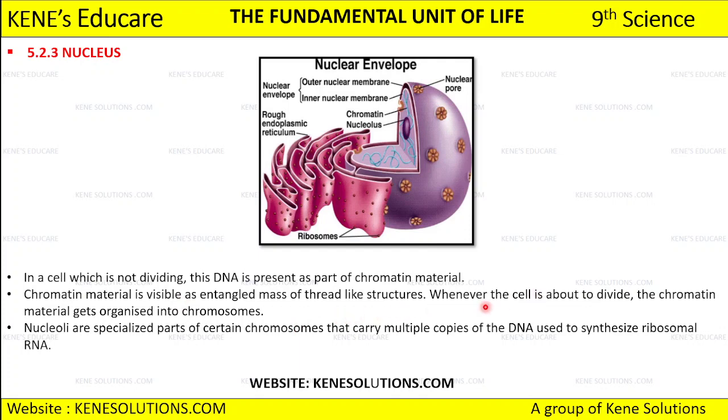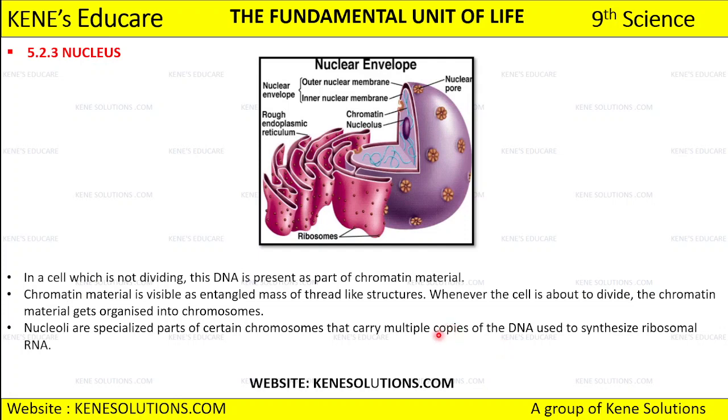Okay, then whenever the cell is about to divide, as I told you, if the cell does not divide, then the DNA is present as chromatin material. But once the cell starts to divide, this chromatin material is going to get organized into chromosomes. Into what will it get organized? Into the chromosome. Okay, then the nucleoli we have are the specialized part of certain chromosomes, and these nucleoli are going to carry multiple copies of the DNA.